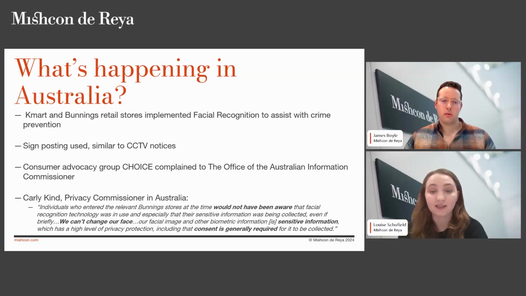Now, the law is slightly different in Australia, but following a challenge from Choice, an advocacy group, the Australian Information Commissioner essentially said that it wasn't appropriate, and really pushed back on its use by these two stores, because they said that consent should be required for such sensitive information, because you can't change your face, and people wouldn't have been aware that facial recognition was happening.